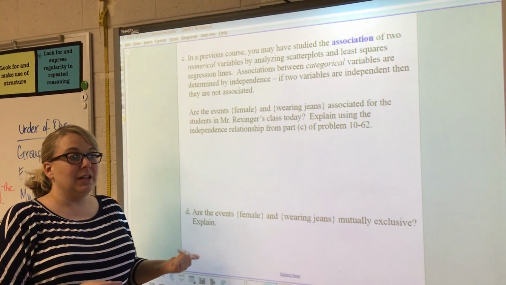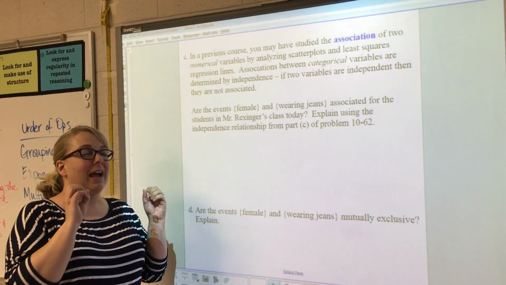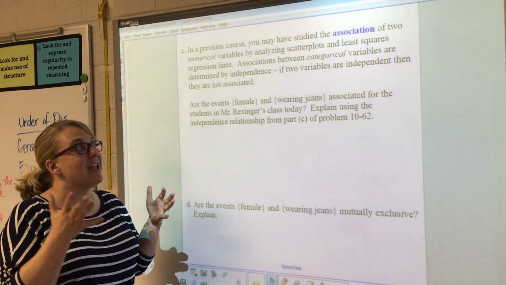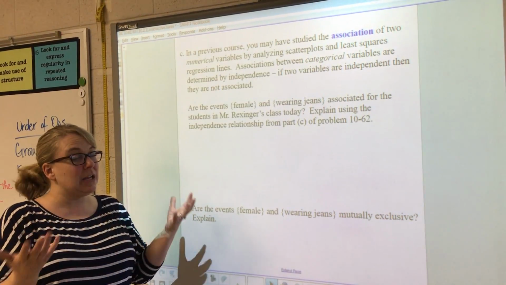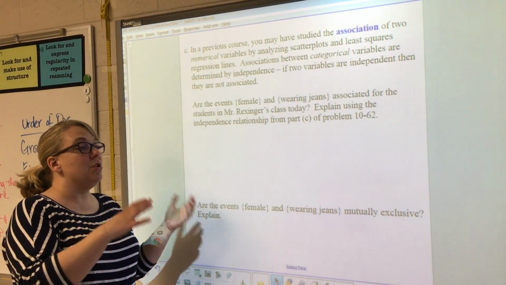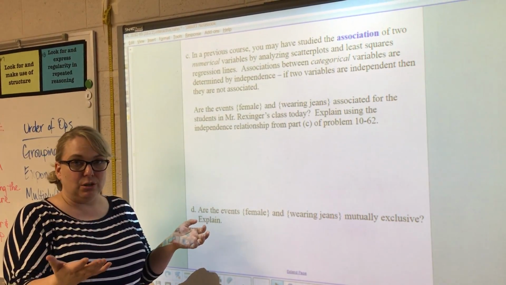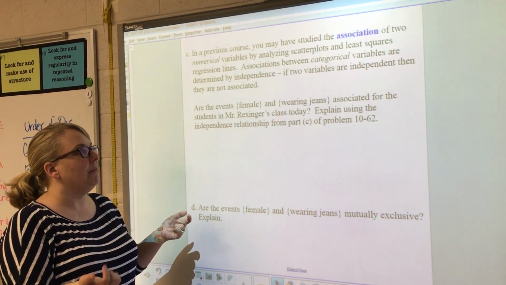So when we were doing it in algebra, we would get scatter plots, we'd get lines of best fit, we would have numerical analysis to see if they are associated. But in geometry, because we've got categories, we can't do that scatter plot. We just look at the probabilities if you know one thing, the conditional probability. I know it's a male given they're wearing jeans or whatever it might be.